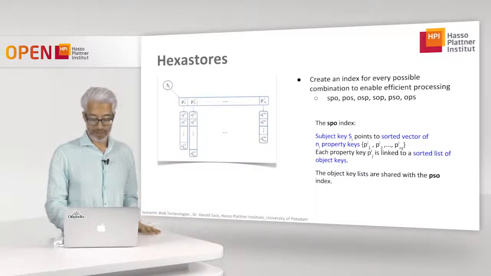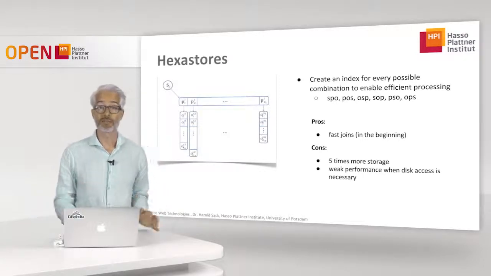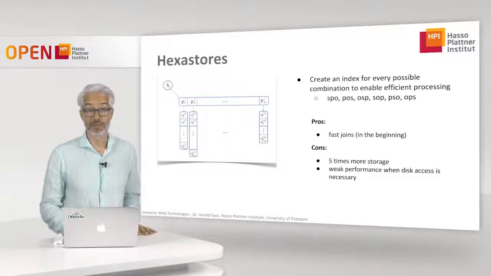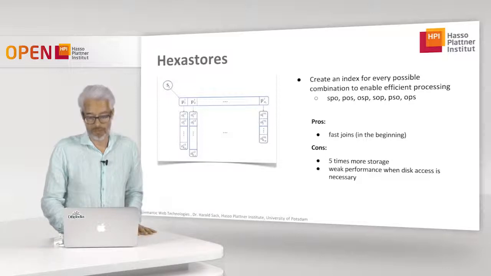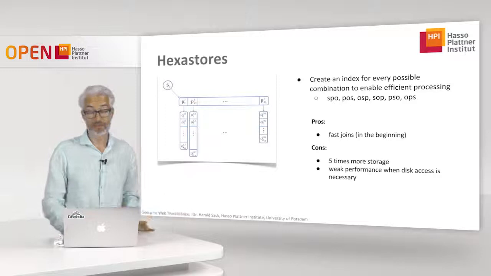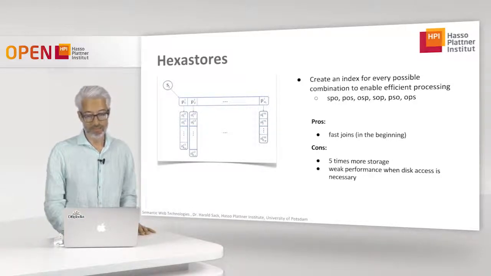But in the end, the problem might be that you require 5 times as much storage as you really have available, simply for creating these large indices. And this sometimes is too much. On the other side, you might have pretty fast joins, because you have an index for all possible occasions in your SPARQL queries.